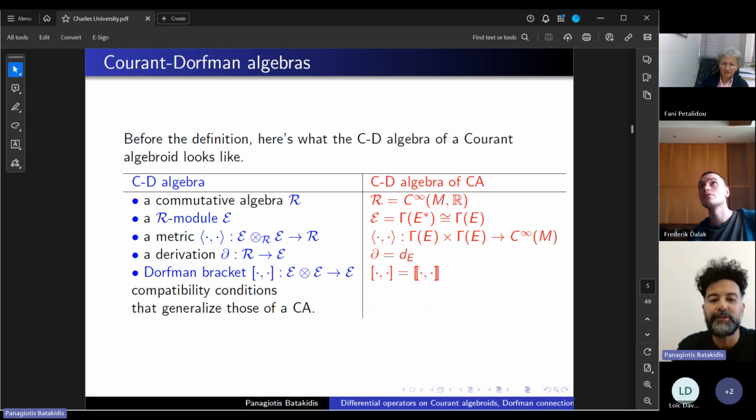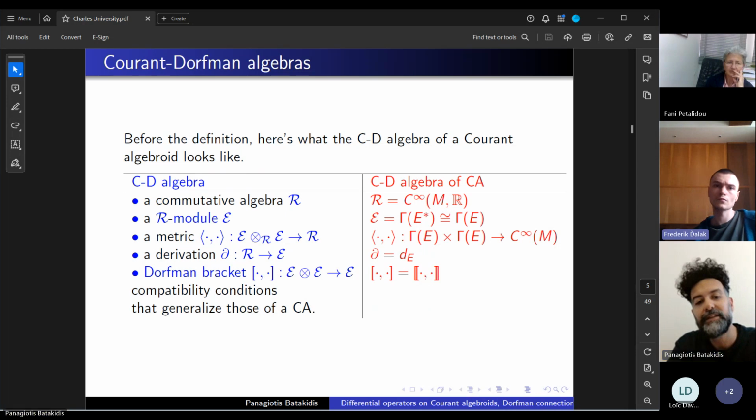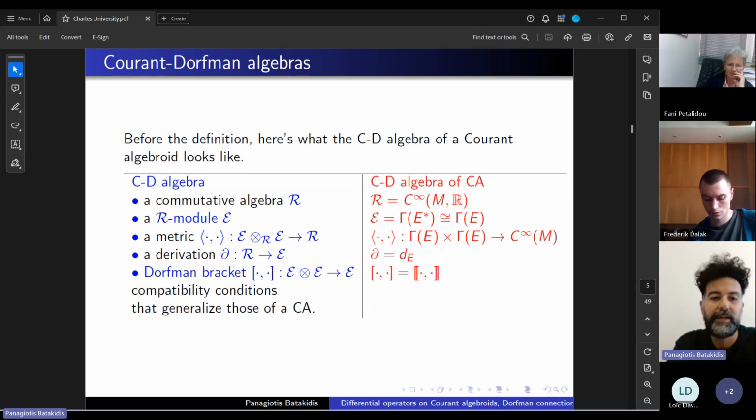Now, if you take the Courant-Dorfman algebra of a Courant algebroid, it's obvious how to think of these objects on the left. The commutative algebra would just be the algebra of functions on the manifold. The module E will be sections of your bundle. You have the non-degenerate symmetric bilinear form, this derivation D_E that we saw in the definition, and the non-skew-symmetric bracket in the definition of a Courant algebroid.